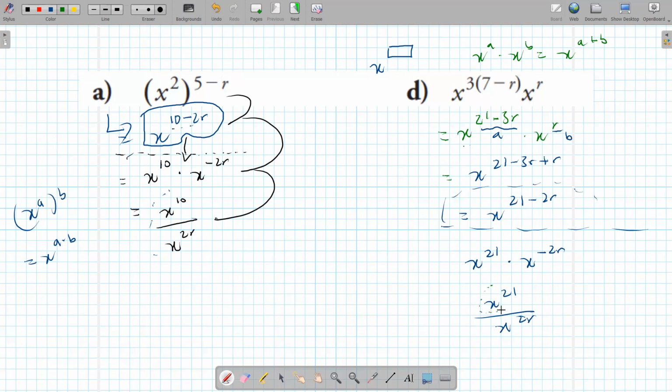Usually this x is going to be a number. So what you can do is pull it all the way out, and then you're left with 1 over x to the 2r inside. Let's say this is some function, and r is the independent variable. You pull the constant out, it's easier to work with. Anyways, that's the final answer.